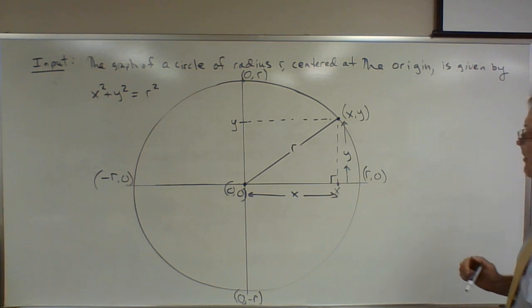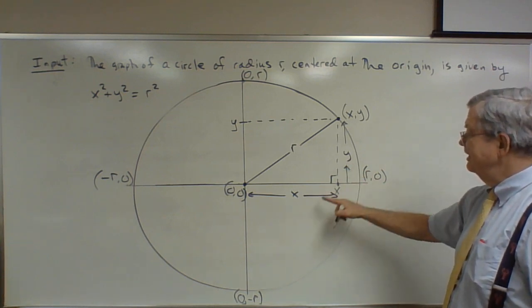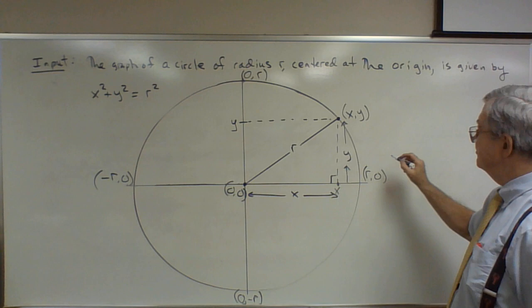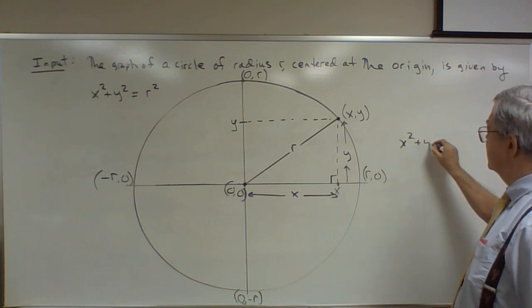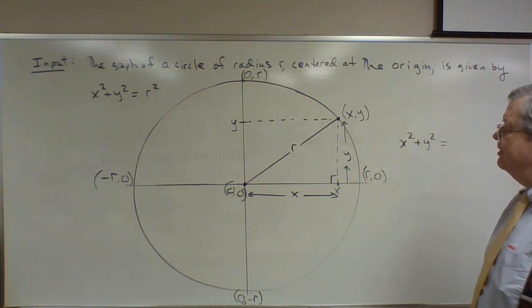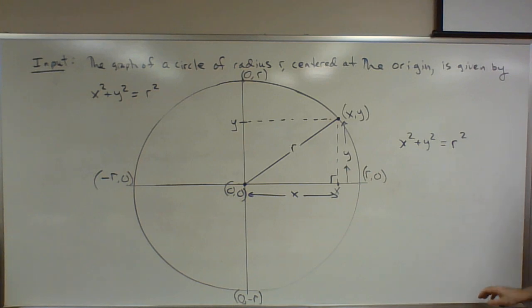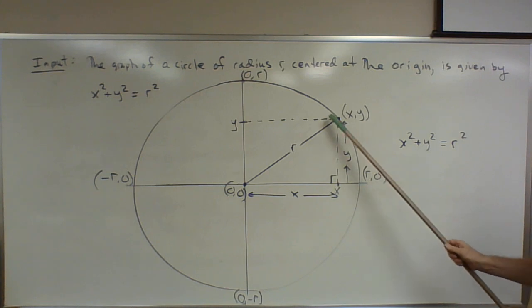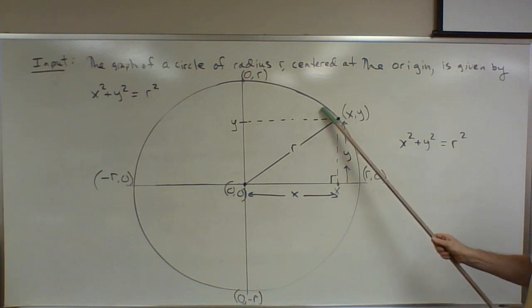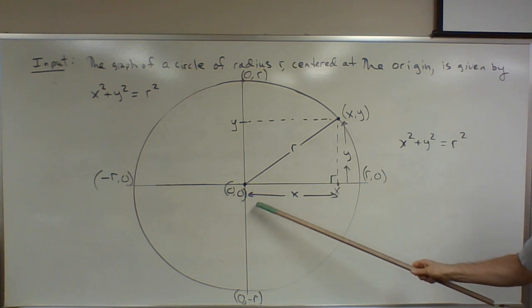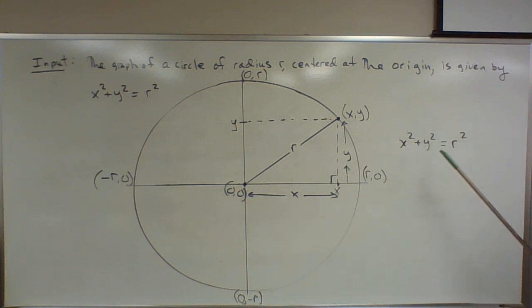And just by the Pythagorean theorem, if we take the lengths of the two sides of the right triangle, square them, and add them together, we get the hypotenuse squared. So any point (x, y) that's on the circumference of a circle of radius r centered at the origin has to satisfy this equation.